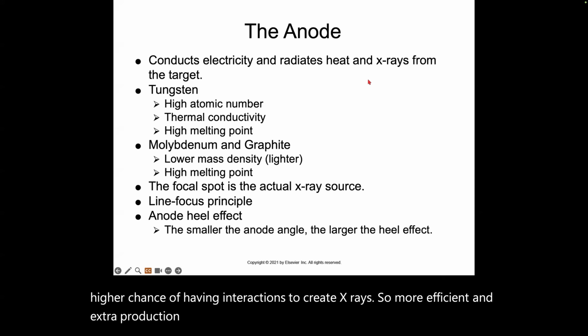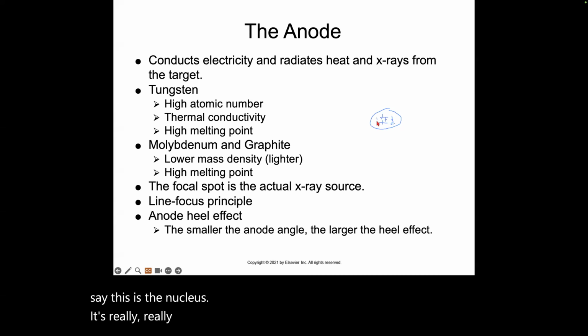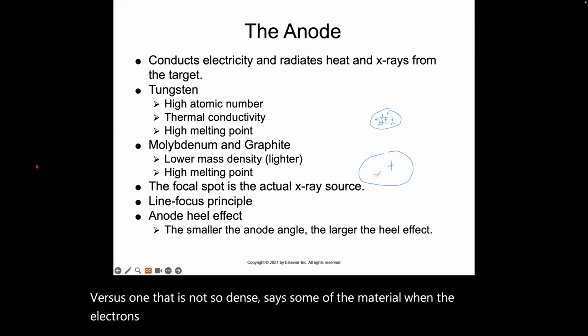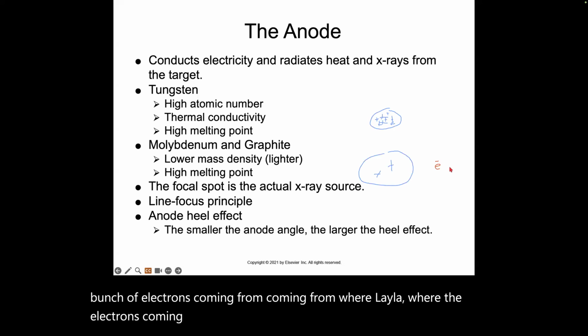Fantastic. So if you think about this, right? Let's say this is the nucleus. It's really, really dense. Versus one that is not so dense. That's some of the material. When the electrons come over, I'm going to draw the electron in red. Say we have a bunch of electrons coming from where, Layla? Where the electrons coming from? What side of the tube?